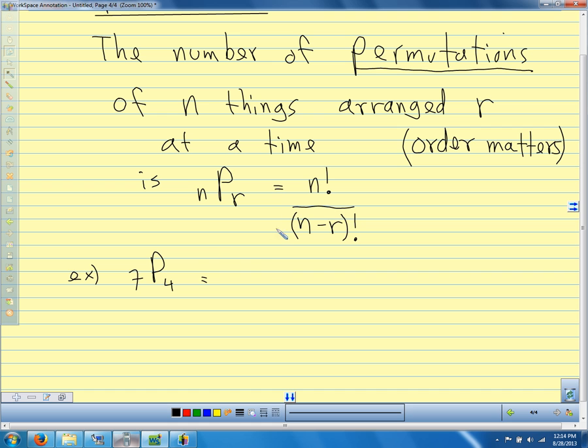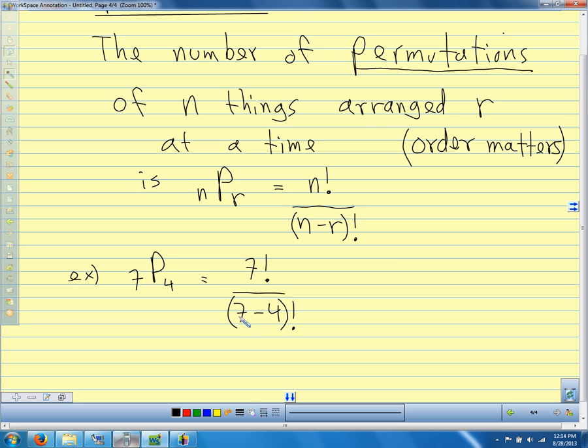I'm just going to plug into my formula. n is the number of things that we're picking from, so the big number goes on top. And I have to put parentheses here. n is the big number, r is the smaller number. One thing to be careful of, we can't distribute the factorial. We have to do the parentheses first.